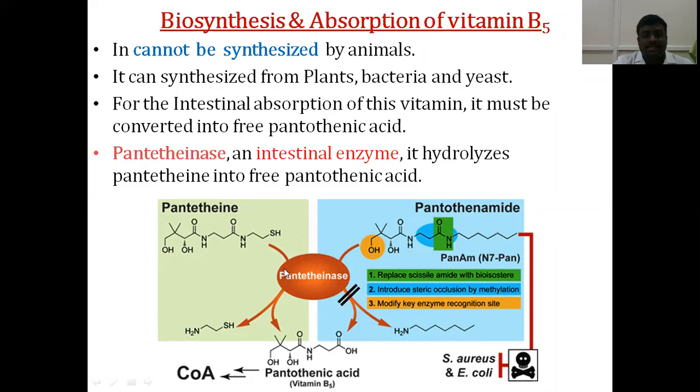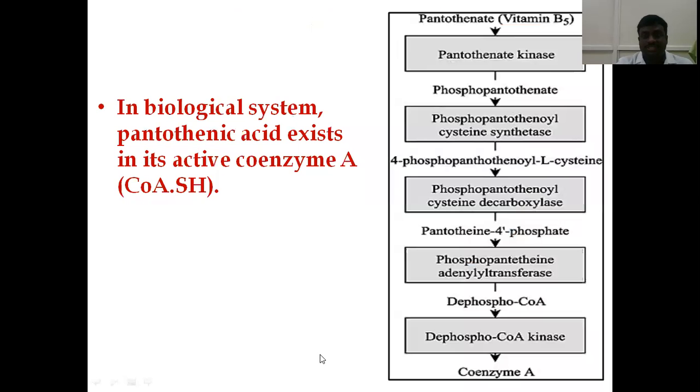In the presence of the intestinal enzyme pantothenase, these two are converted to pantothenic acid. After absorption, pantothenic acid is converted to coenzyme A. So coenzyme A contains pantothenic acid. This is the process of conversion of vitamin B5 to coenzyme A.